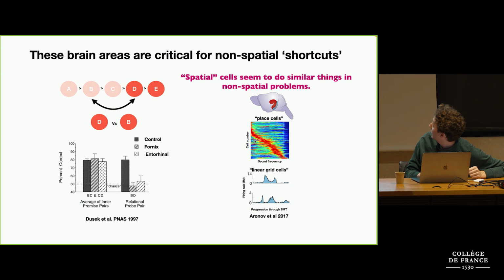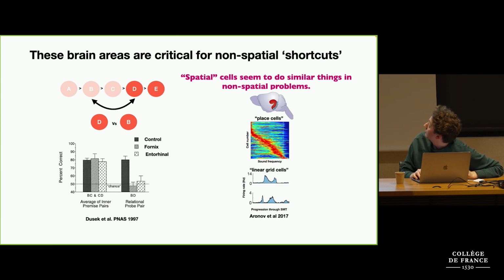Here would be one cell which codes for this frequency, and down here is another cell which codes for this higher frequency. You get these cells that code for sound frequency space in the same way that cells code for physical space. And likewise, you also find cells which have multiple peaks, a bit like grid cells in space as well.